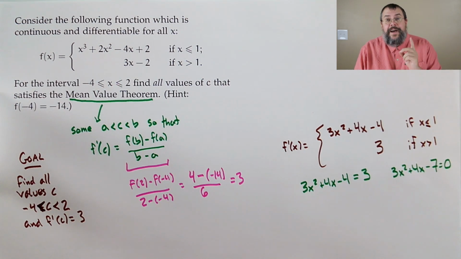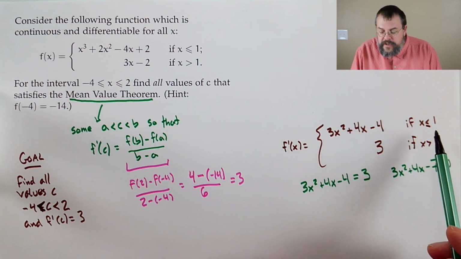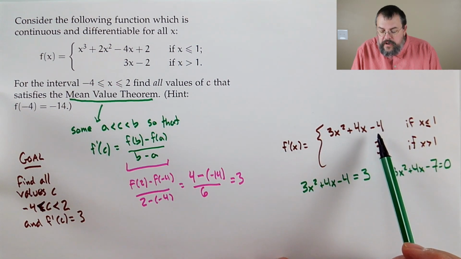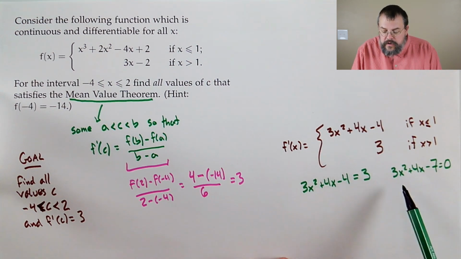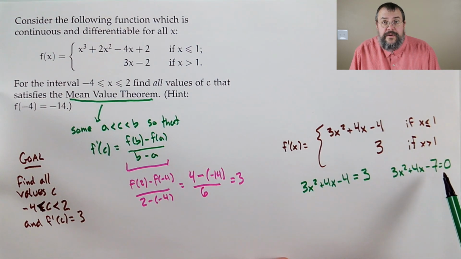In fact, we have ourselves a little bit of an advantage because we kind of know something. Remember, we just did a check a minute ago that said when we plugged in 1, we got 3 plus 4 minus 4, which was 3. So if you plug in 1, 3 plus 4 minus 7 is 0.